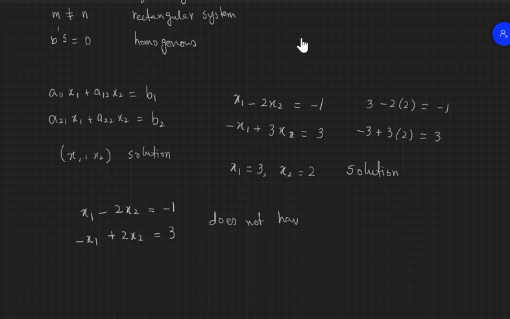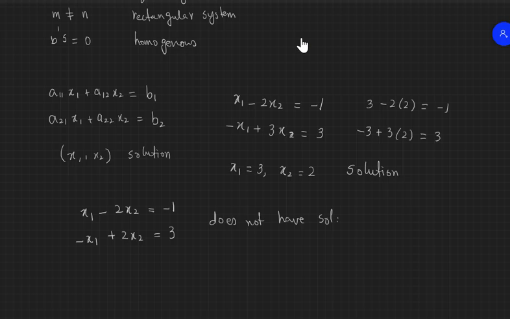It means that we cannot find values of x1 and x2 such that they satisfy these two equations simultaneously. This system does not have any solution, and the system x1 minus 2x2 is equal to minus 1, minus x1 plus 3x2 is equal to 3 has a solution.